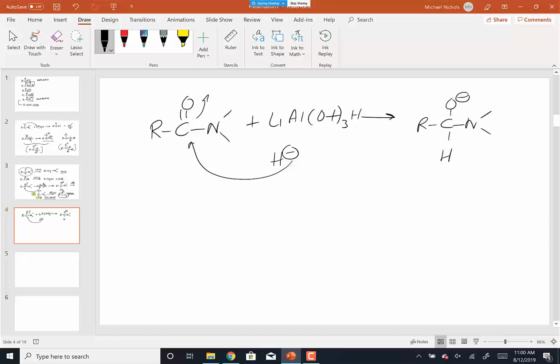What's going to happen next? Max. What's going to try and happen next? It's going to try and reform the carbonyl. Is it going to be successful? No. So what's going to happen? Wait to be protonated.